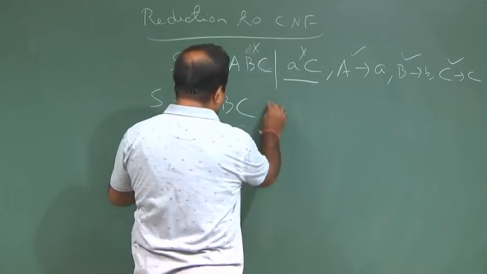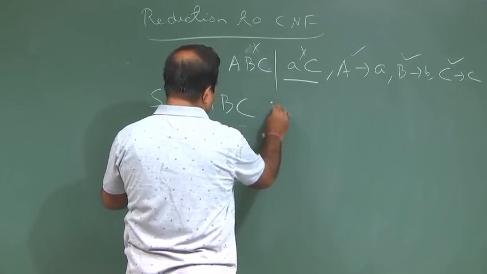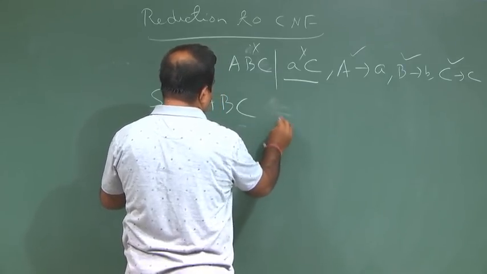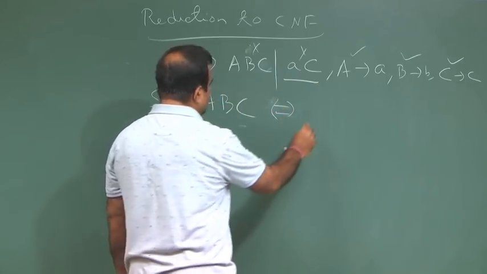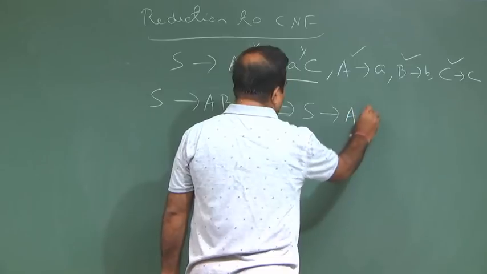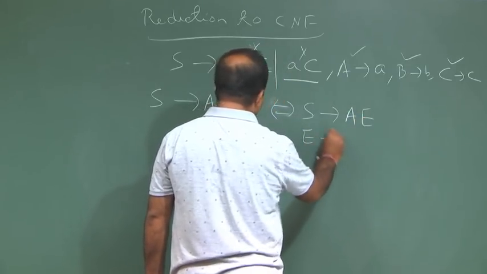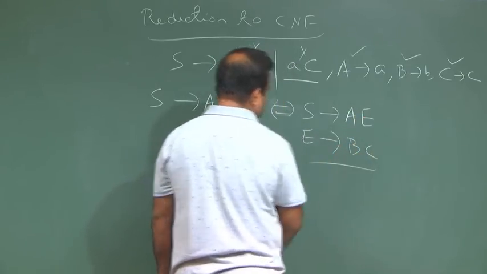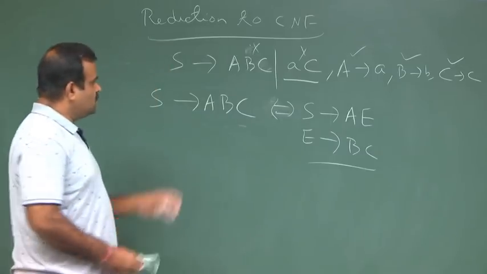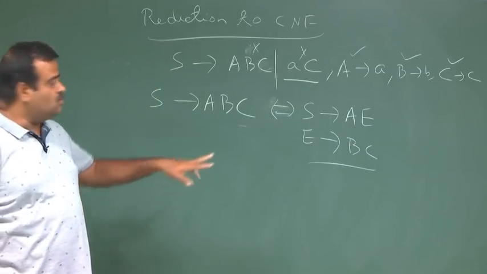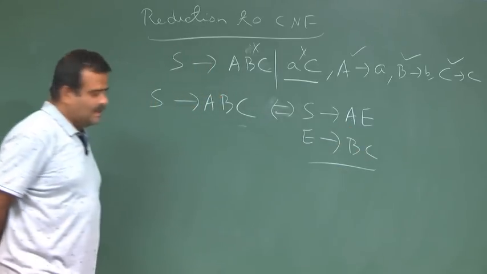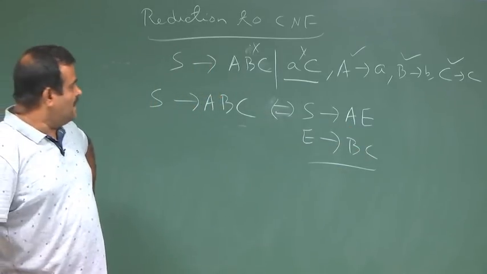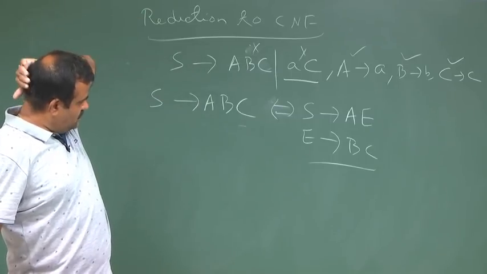This is the same as S going to AE and E going to BC. So, this production will be replaced by two productions with the help of another variable: S goes to AE and E goes to BC.